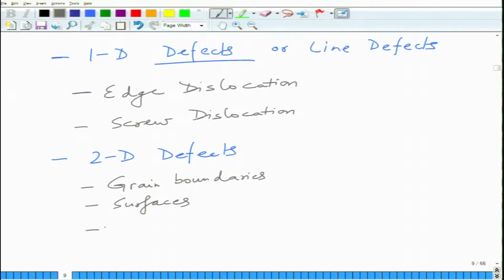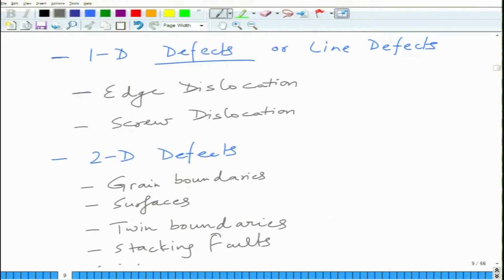In general surfaces you can have twin boundaries, you can have stacking faults, etc. There are many other 2D kinds of defects. We perhaps would not be able to discuss all of them, but we will see some of them. Okay.